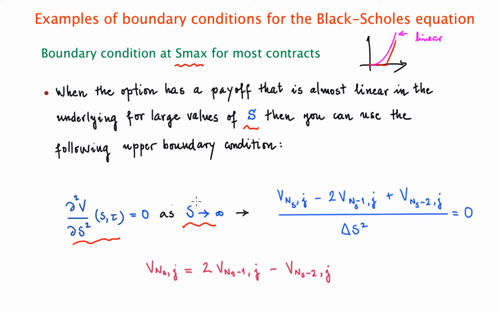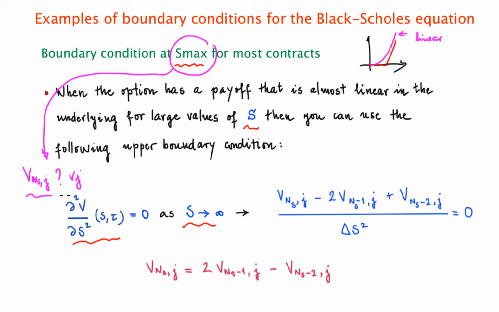So again, in order to find the relation that this one is verifying, because here we are centered on finding the boundary condition at maximum S, we want to find what kind of relation we have for the value of the option with these two indexes here at any time, at any j value.